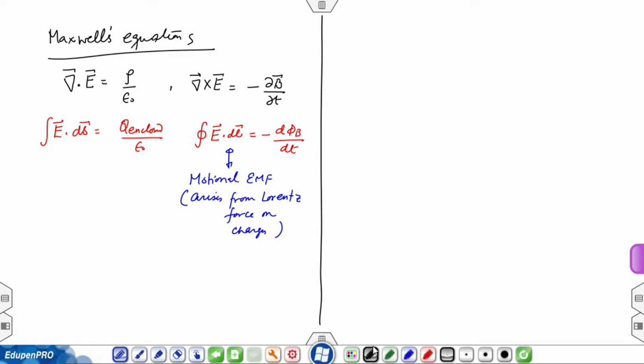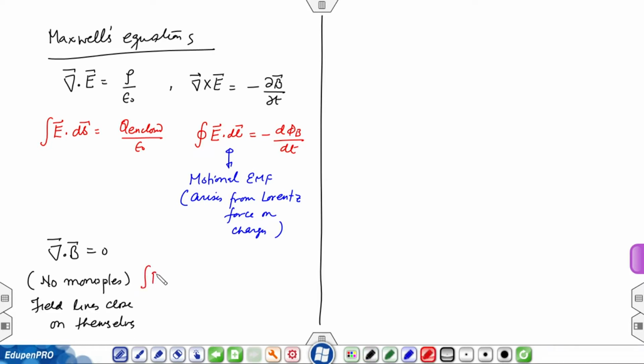Then we have divergence of B is equal to 0, which basically tells you that there are no monopoles. The lines close on themselves, and its integral form is integral B dot ds is equal to 0.